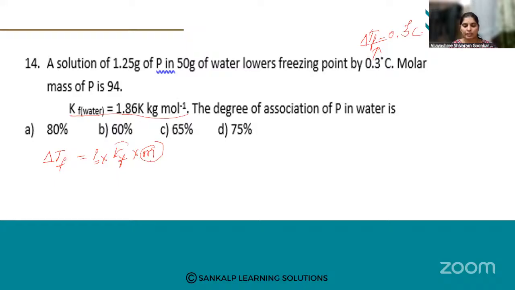So first our aim is we have to calculate the molality of P. Okay, molality of P. I'll write it as small m subscript P. Okay. Molality means what? Number of moles of solute. Here, number of moles of P in 1 kg of water.